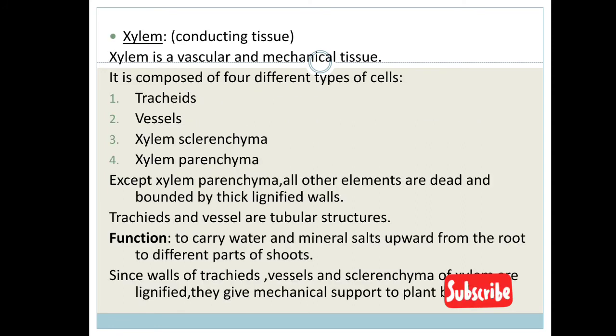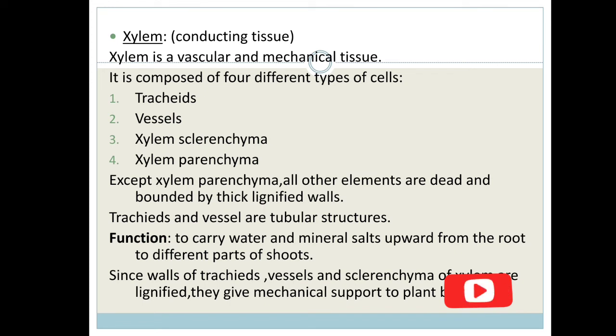The xylem is also known as conducting tissue, and it is a vascular and mechanical tissue also. It is composed of 4 different types of cells, that is the tracheids, vessels, xylem sclerenchyma, and xylem parenchyma. Except the xylem parenchyma, all the elements are dead and bounded by thick lignified walls, and the tracheids and vessels are tubular structures.